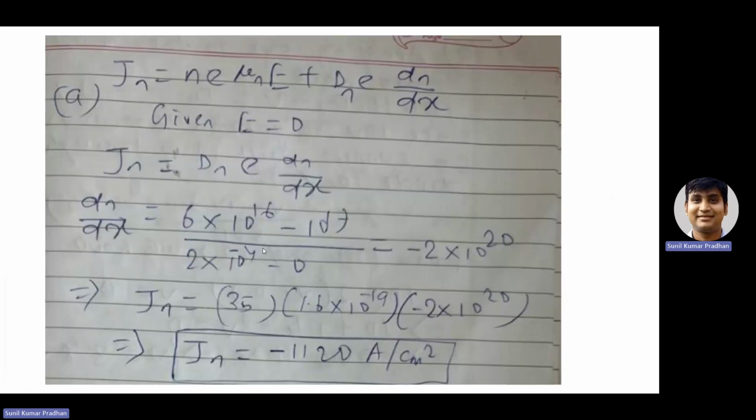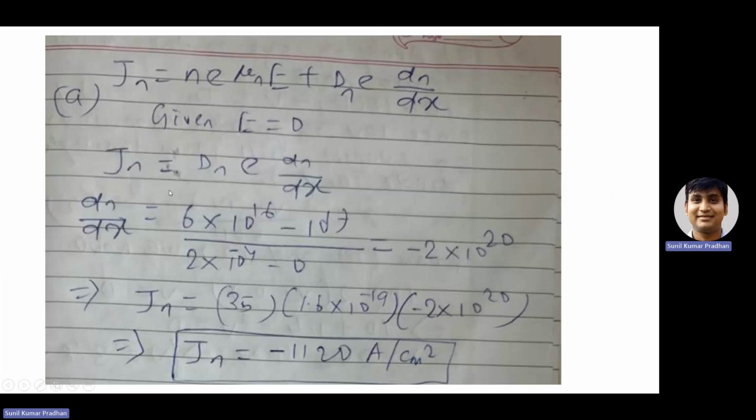So the total current density for electrons will be drift current density plus diffusion current density. But electric field is 0, so drift current density is also 0. So only remaining is the diffusion current density, that is equal to q Dn into dn by dx.